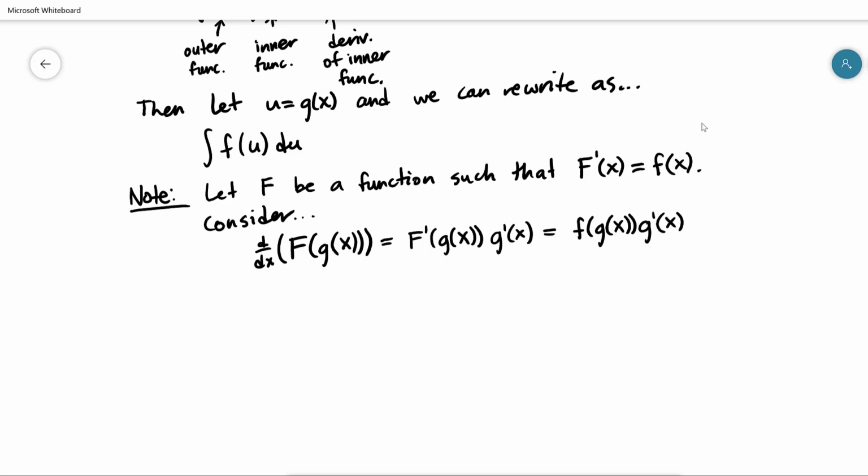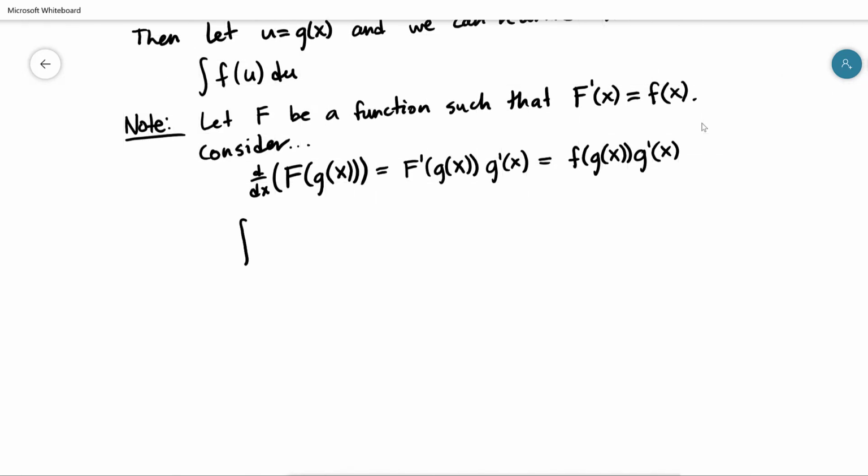Okay, and now I want to basically just use our fundamental theorem of calculus to say what happens if I'm trying to take the integral of d dx of F of g of x, and we need our differential dx there. So basically I've taken this whole line and it's sitting right there. I've just added in this piece and this piece. I'm taking the integral of that. Well, what happens when you take the integral of our derivative here?